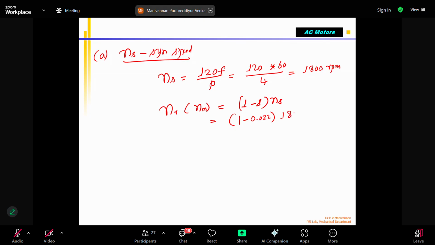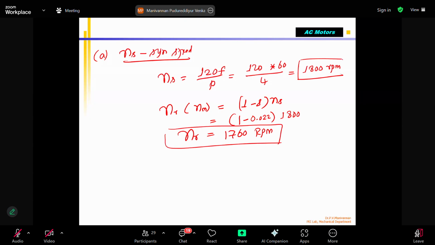Already we know that it is 1800 RPM, that is synchronous speed. So if we compute, NR will become 1760 RPM. NR we know. Now we have NS also. We have computed 2 parameters. Okay. So next, what is asked, the second part is B, to find the stator current.